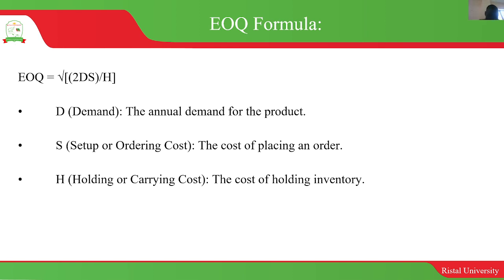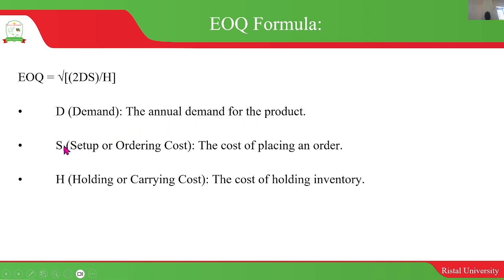We have some formulations and mathematical formulas that help us estimate this kind of optimization. The formula is given by EOQ equals the root of 2DS divided by H, where D is the demand, referring to the annual demand for the product, assuming we are procuring for the whole year.